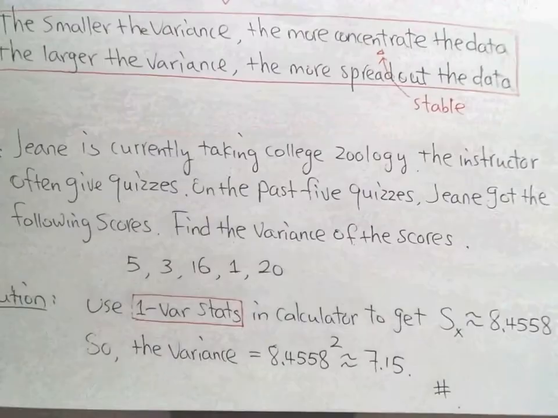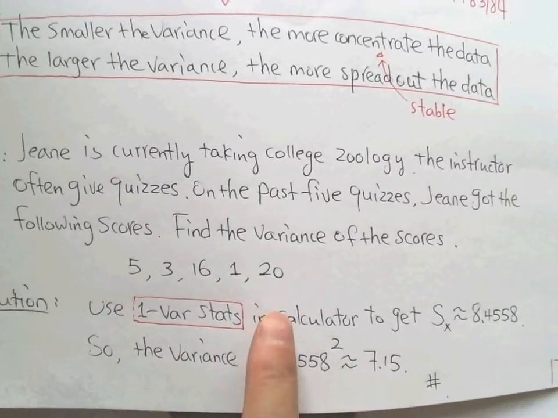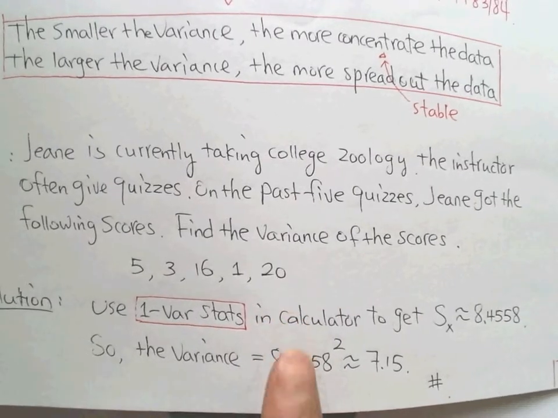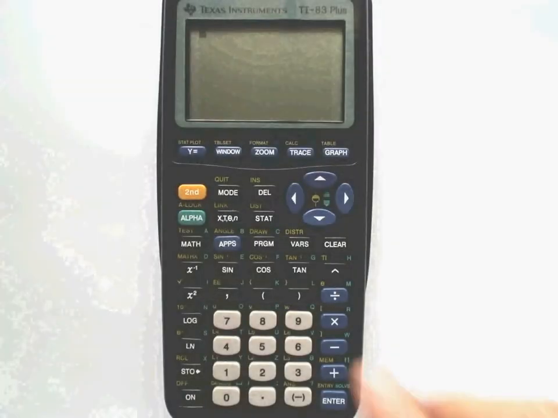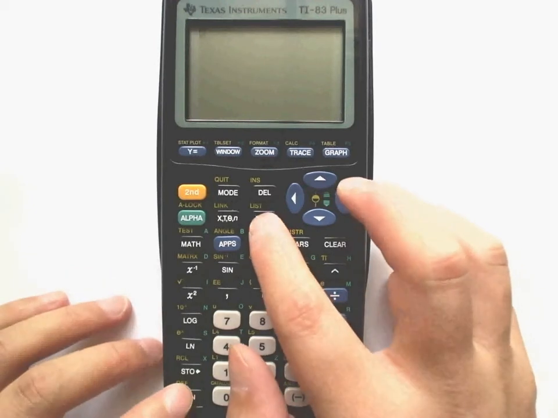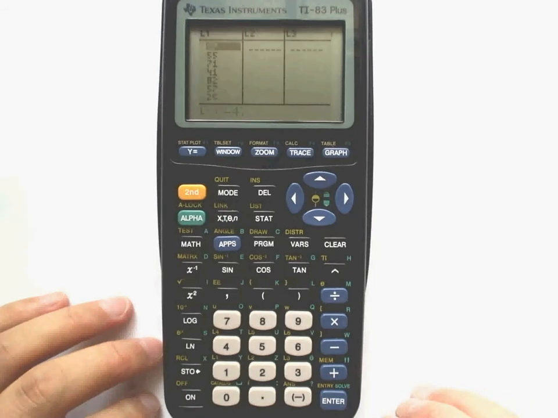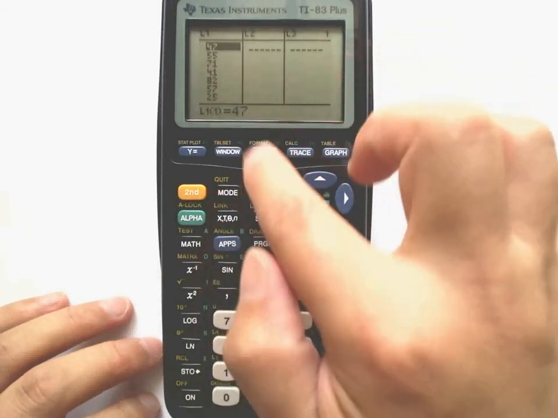So here is the data. Remember the data. This data is very small, but even if you have a large data set, you do the same. I'm going to type the data first. So where is the data? Stat, Edit. In the first column, I will type the data.